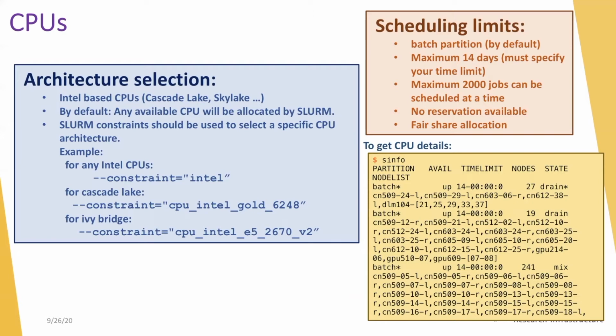For example, dash dash constraint is the parameter you can use for selecting a CPU type. For example, the Cascade Lake architecture is selected by using cpu_intel_gold_6248 as the constraint name.